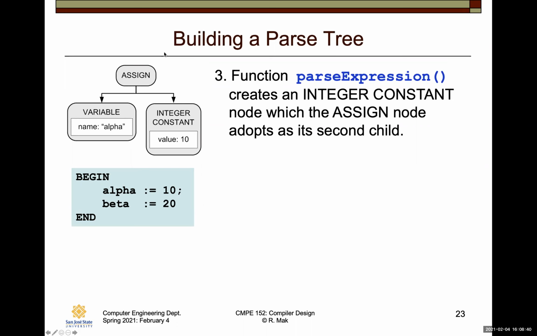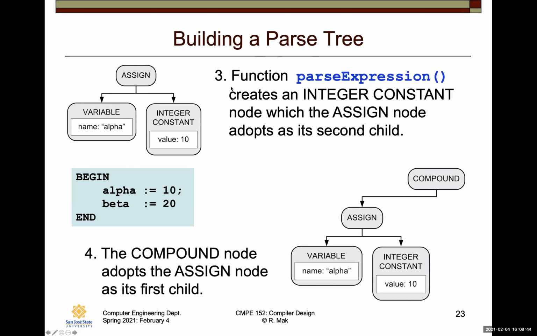Now then, when we return from parse assignment, it will return a pointer to the assign node. And who called parse assignment? Well, it was a compound statement that called parse assignment, and so it will then take the assign node and adopt it. And so now we have this much of the parse tree.